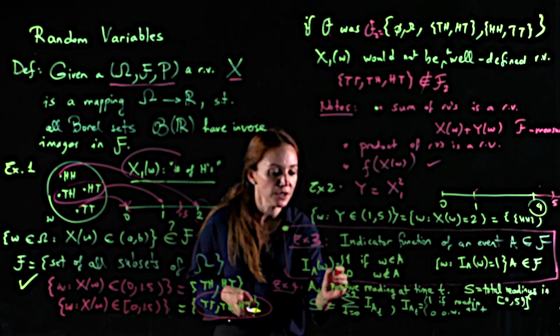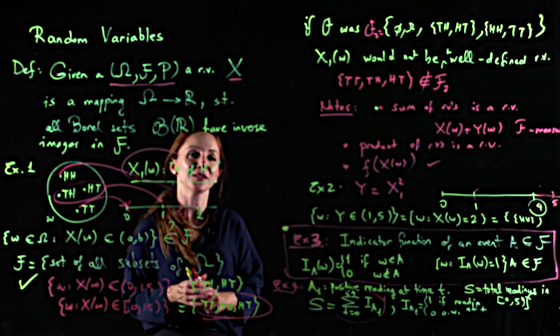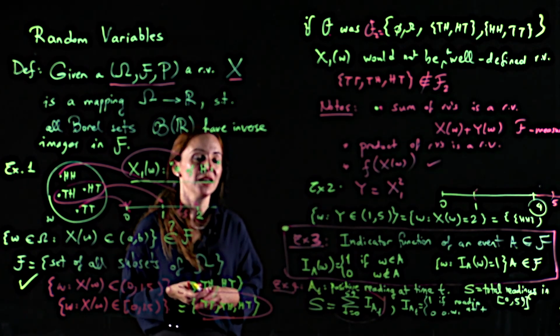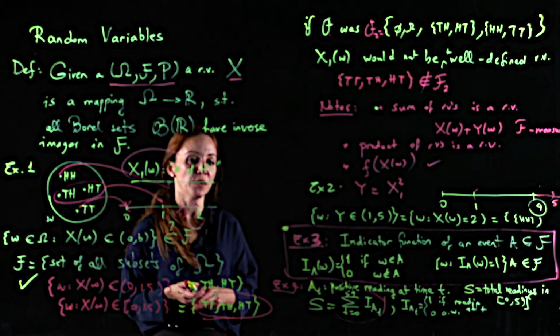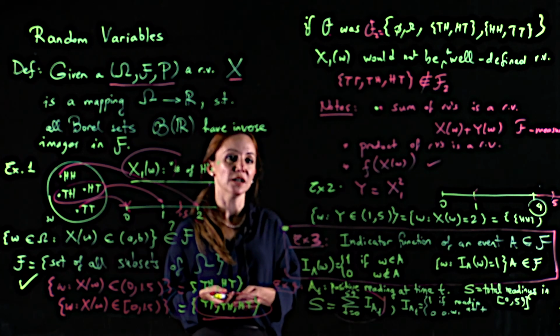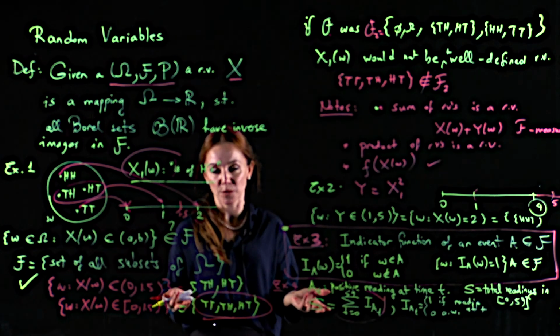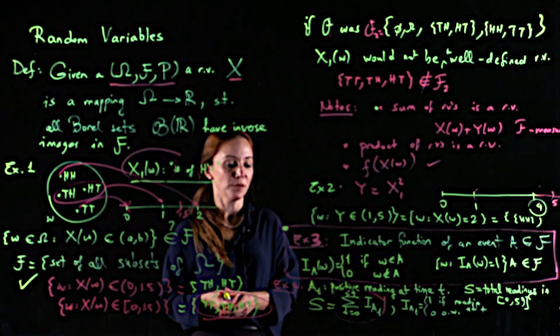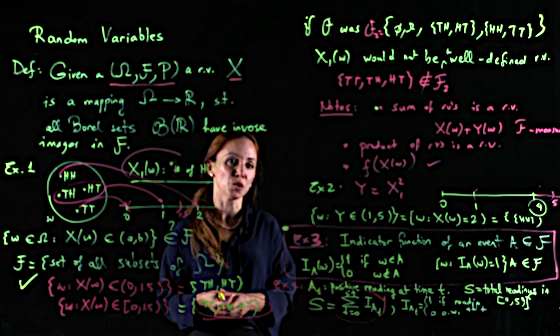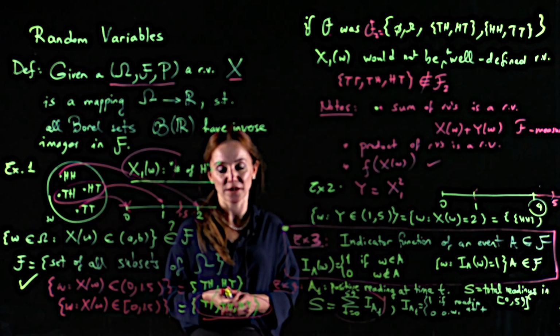So a sum of indicator functions is a random variable that we will make use of a lot, especially when we do independent Bernoulli trials, for example, tossing a coin repeatedly and counting the number of heads. We will make use of the sum of indicator functions, and we will discuss this further in the coming lectures.